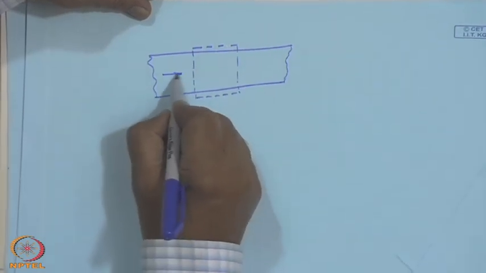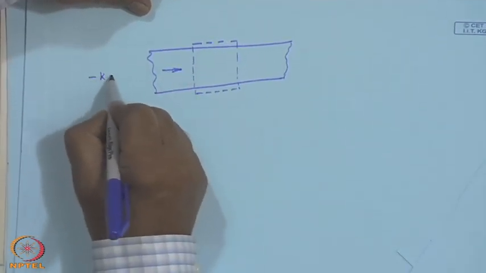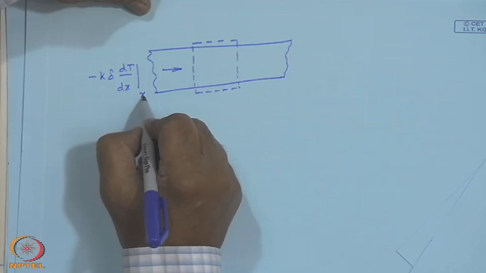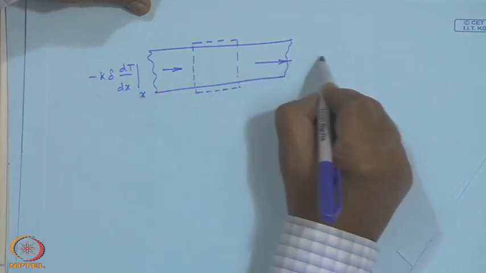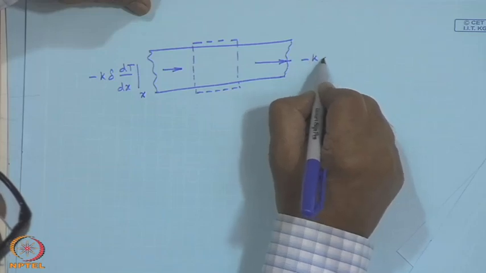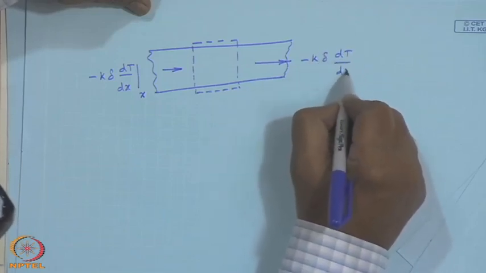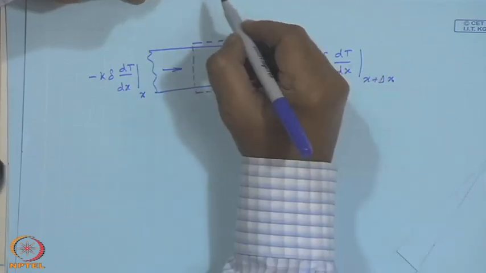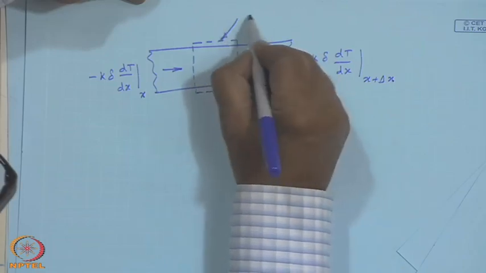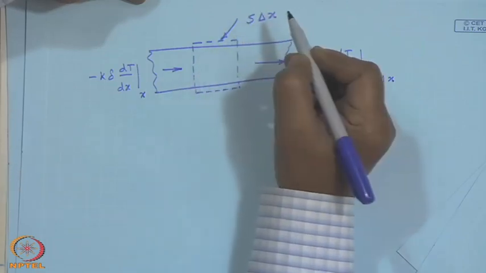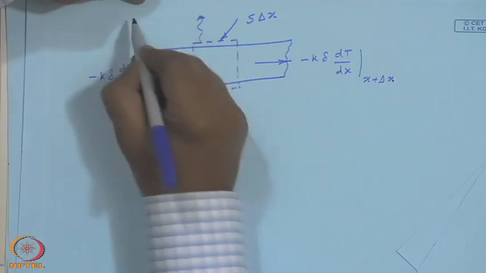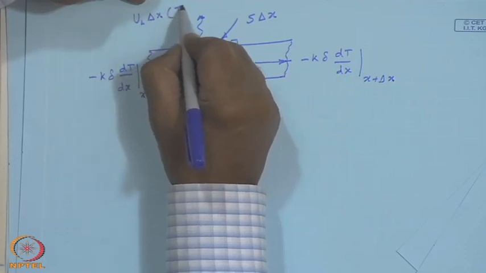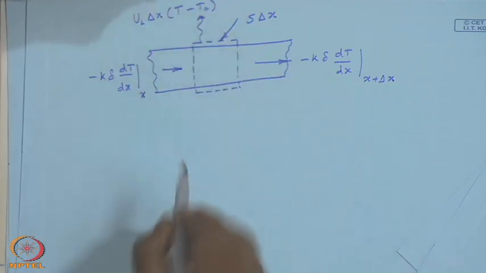Here enters minus k delta dT/dx at x, and what goes out is minus k delta dT/dx at x plus delta x, and what comes onto this is S times delta x, and what goes out is U L times delta x into T minus T a.